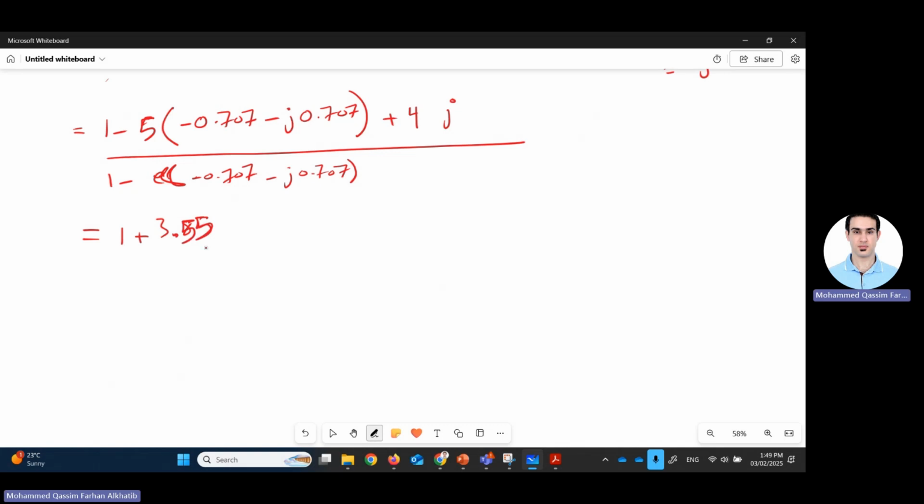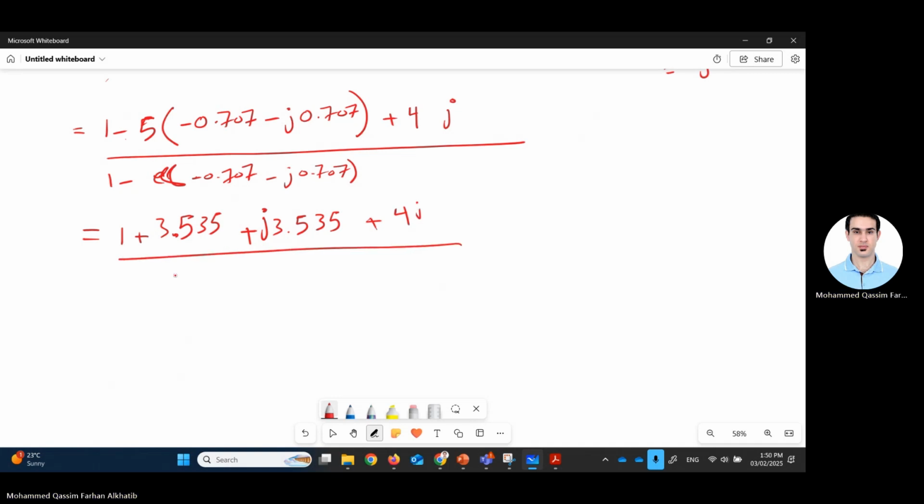Okay. 5, 3, 5 minus same thing. Minus by minus is going to be plus 3.535, and we have a j plus 4j. 1 minus is going to be 1.707 plus j 0.707.